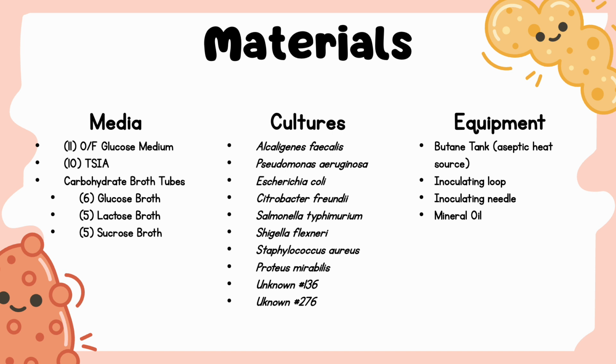For cultures, we used Alcaligenes faecalis, Pseudomonas aeruginosa, Escherichia coli, Citrobacter freundii, Salmonella typhimurium, Shigella flexneri, Staphylococcus aureus, Proteus mirabilis, and our unknowns number 136 and number 276. For equipment, we used a butane tank as our aseptic heat source, an inoculating loop, inoculating needle, and mineral oil.